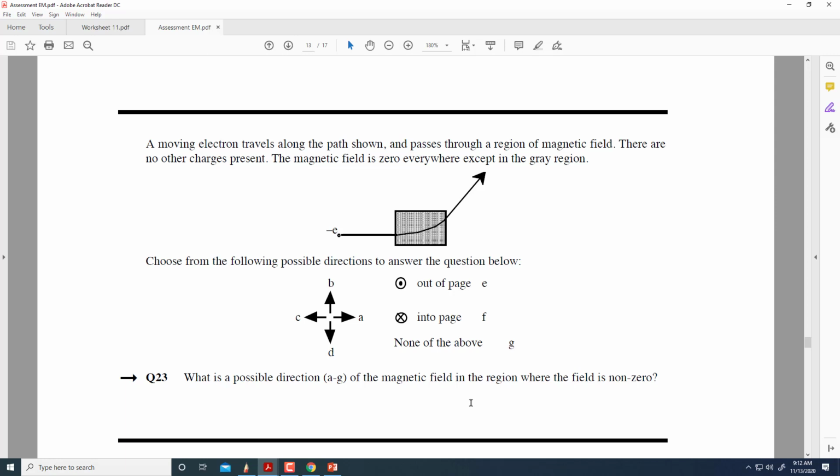And when the electron enters the magnetic field, the electron is deviated in the upward direction. In the previous question, we considered the electric field, but now we have a magnetic field. So what should be the direction of the magnetic field in order for the electron to move in the upward direction?